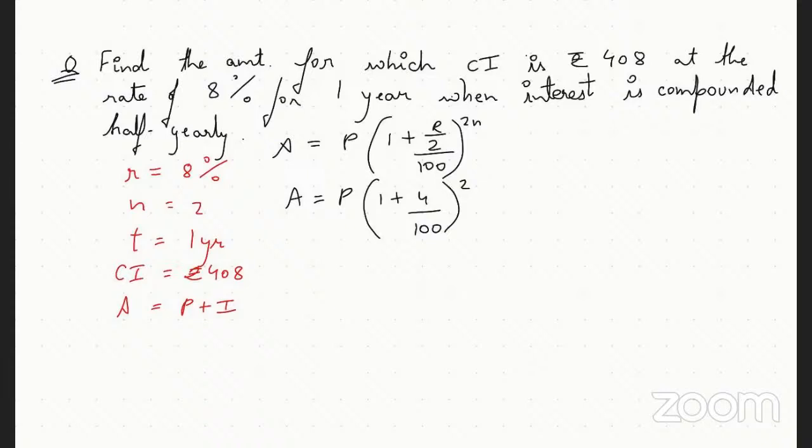What I will get? 104 by 100. So P into 104 by 100 raised to the power 2. Now cancel, or you can put point.